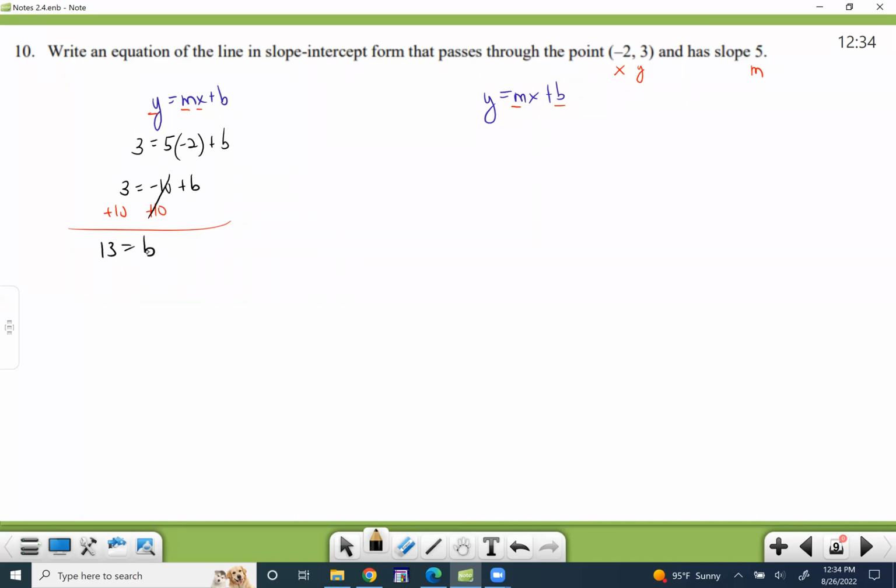Okay, so the next time through, all we're going to substitute in is the m and the b. So now we have a line that is in slope intercept form. Somebody could quickly graph this. They could see the y-intercept and they can see the slope. Okay.